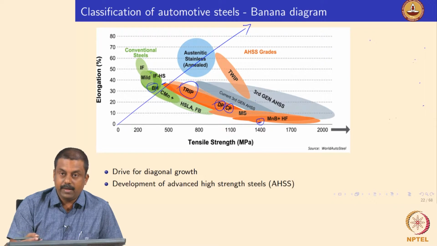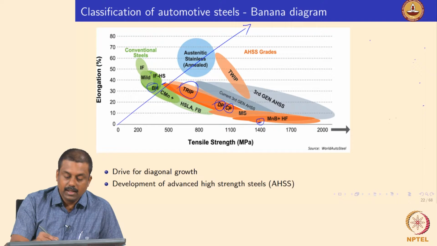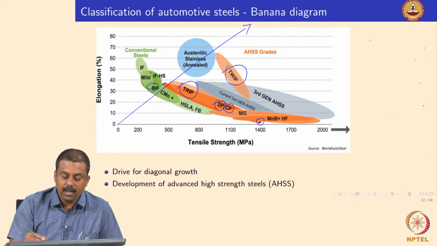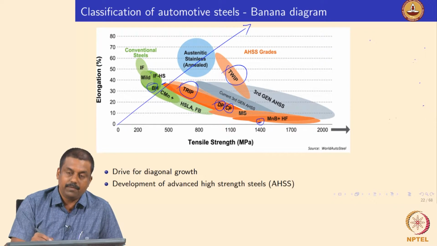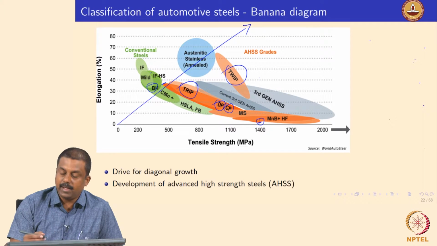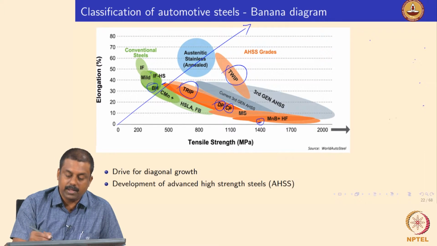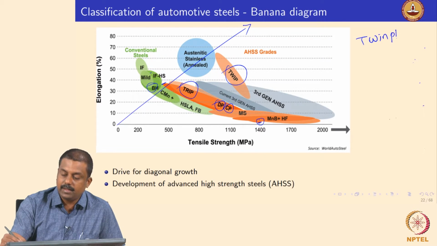We also have various quench and partitioning steels, as well as TWIP steel. And TWIP steel is still not commercially used, but it gives a great potential for weight saving applications, but there are some limitations in terms of alloying elements. So we are not going to really look at it, because it's not really commercially applicable. TWIP stands for twin induced plasticity steels.